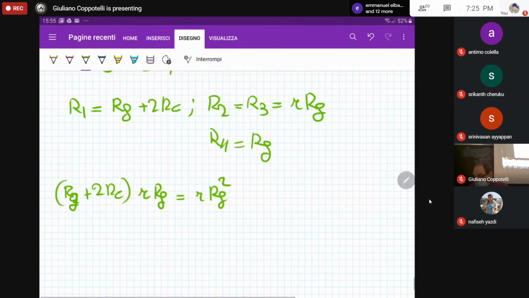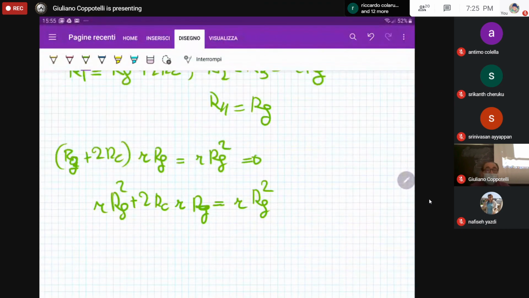That is RG squared plus 2RC over RG is equal to RG squared. Can you comment that equation? What is the solution of that equation?